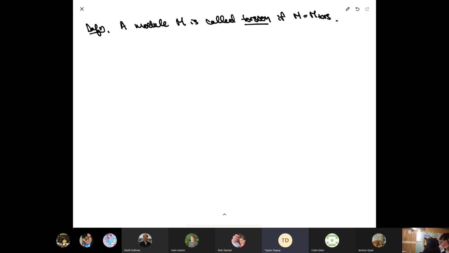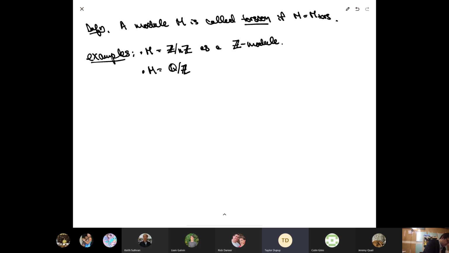Okay, so examples. M equal to Z mod nZ as a Z-module. M equal to Q mod Z as a Z-module.